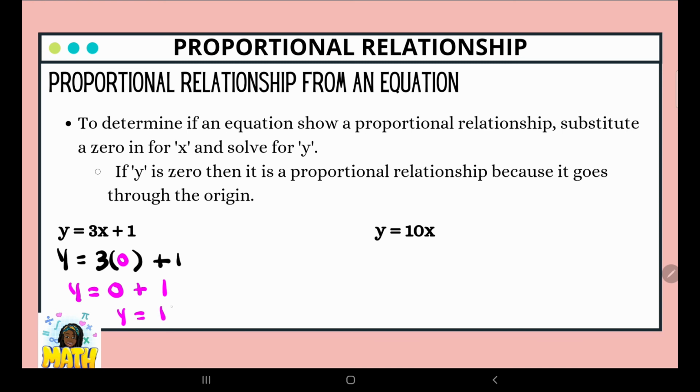So in this scenario, y is equal to 1. So that point, taking into consideration my x and my y, is 0, 1. And that is not the origin. Therefore, this relationship is not proportional.